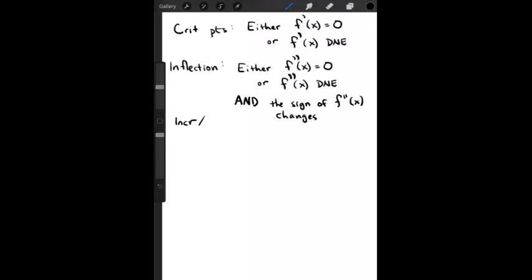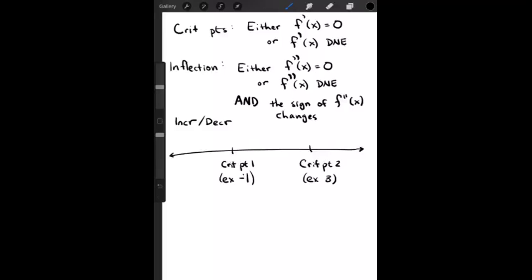So if you're doing increasing or decreasing, then you're going to draw a line and you're going to put your crit points on it. And then you're going to choose points in between.